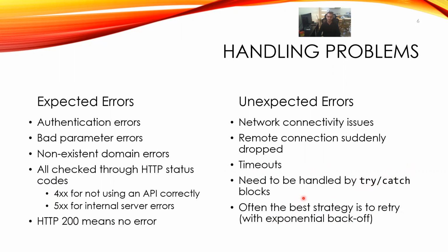They're just exceptions. And the best strategy is to retry with the caveat that you use an exponential backoff algorithm. What this means essentially is that you might retry once every 10 milliseconds, but after you retry 5 times, probably 10 milliseconds isn't enough time.